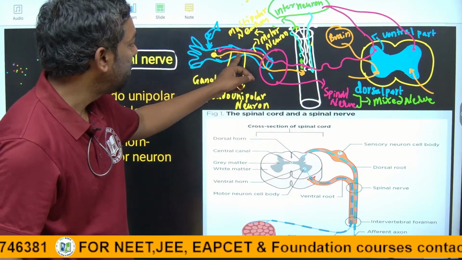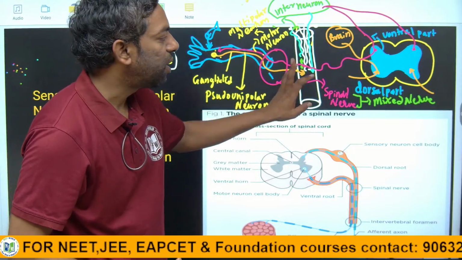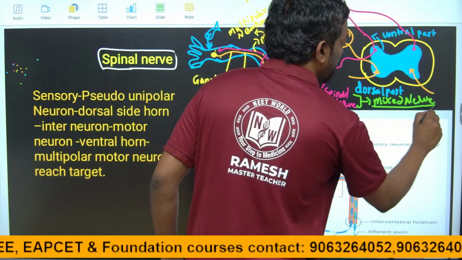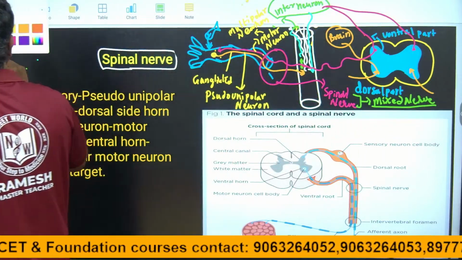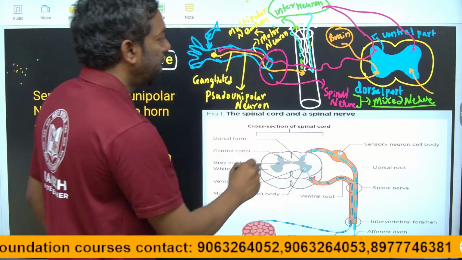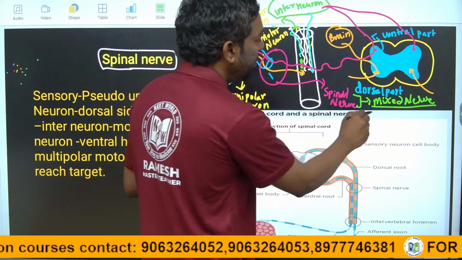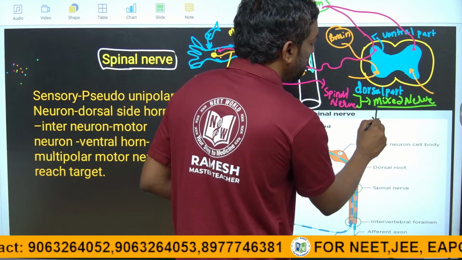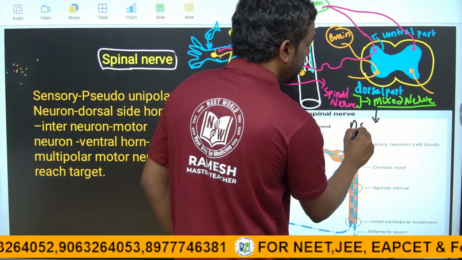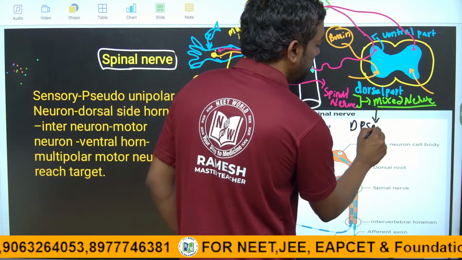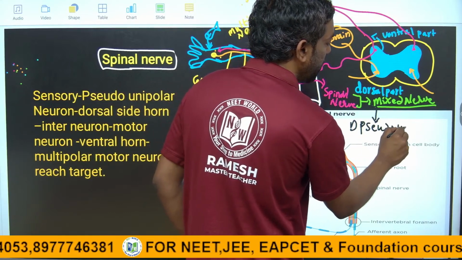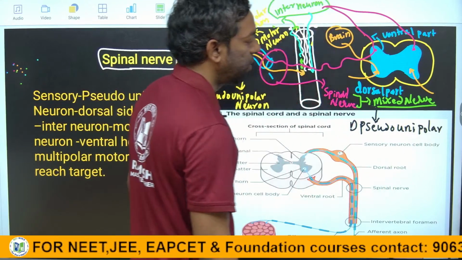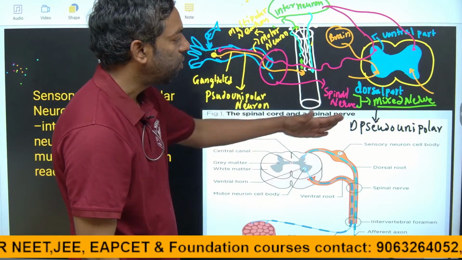There is a sensory neuron which is a pseudo unipolar neuron, the neuron that carries the sense into the spinal cord. How is it mixed?